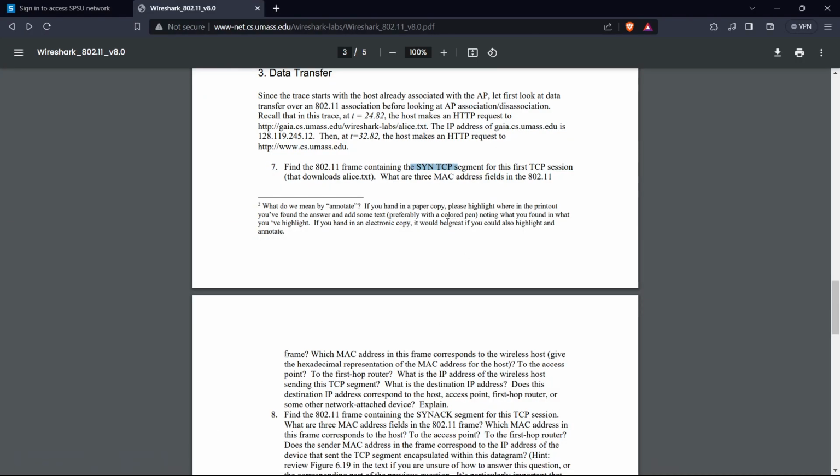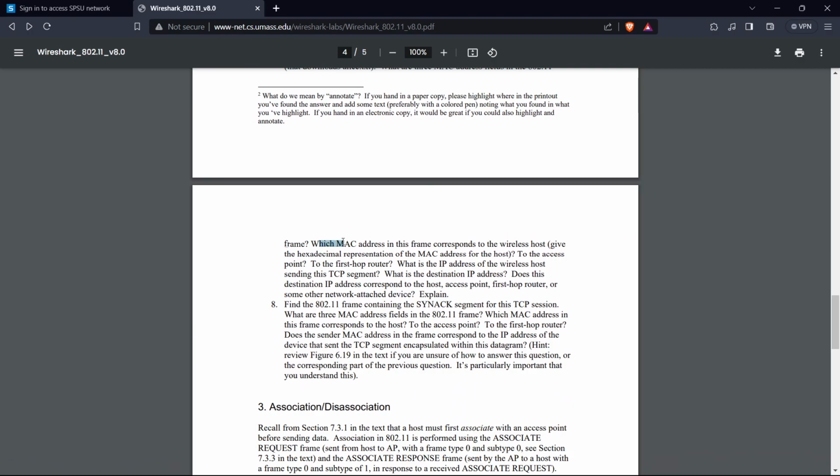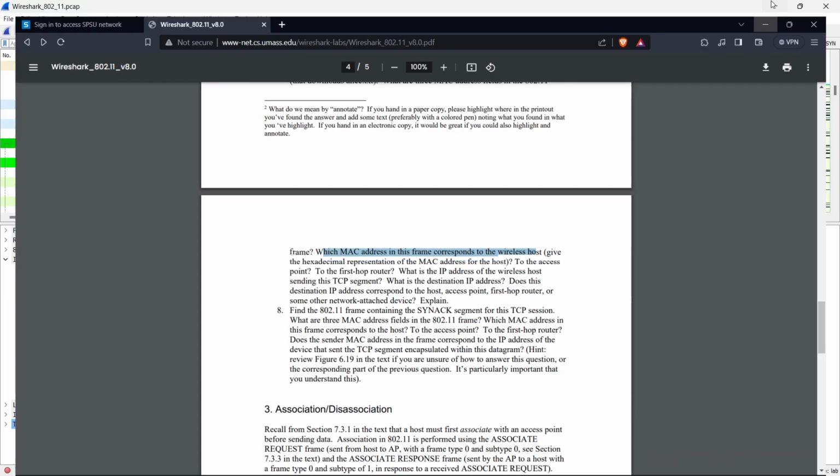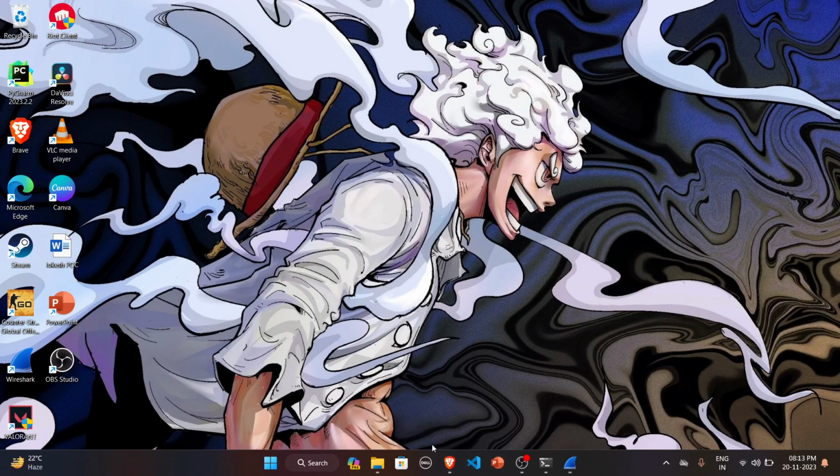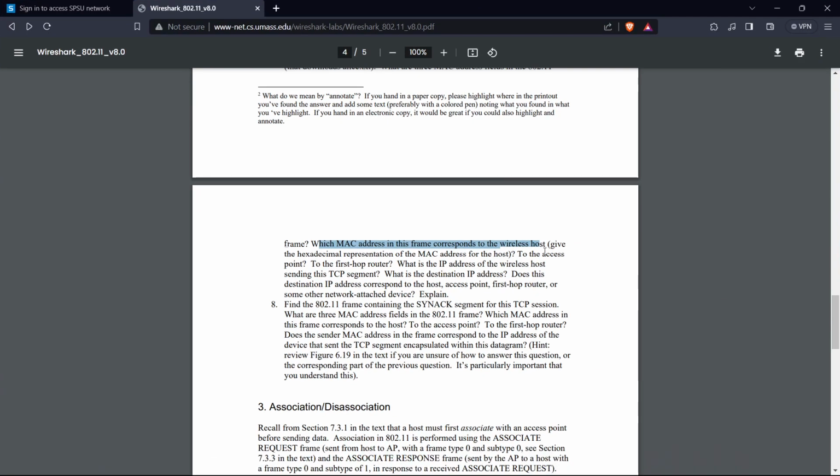The next question is, which MAC address in this frame corresponds to the wireless host? The transmitter address is the address which belongs to the wireless host.